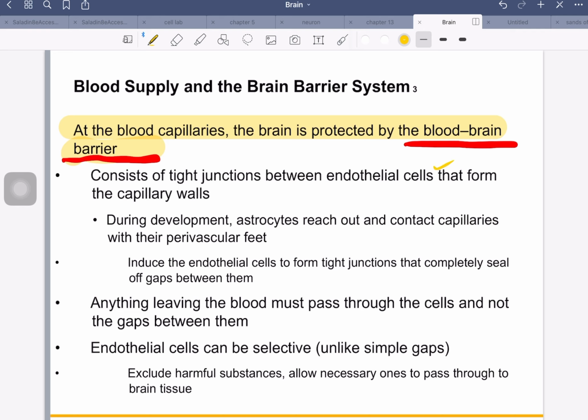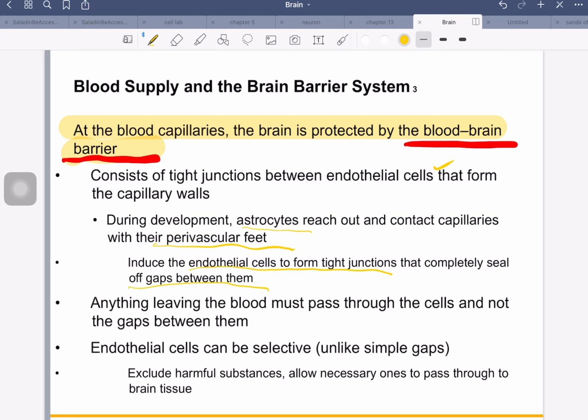During development, the astrocytes, as one of their jobs, reach out and contact the capillaries with their perivascular feet. If you're not sure what these look like, go back to the previous chapter where we talked about glial cells. And what they do is tell the endothelial cells to form tight junctions that completely seal off the gaps between them.